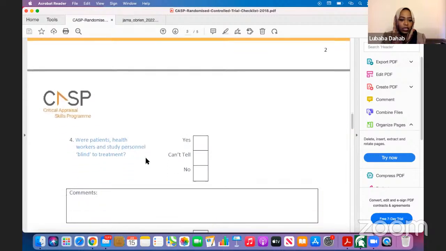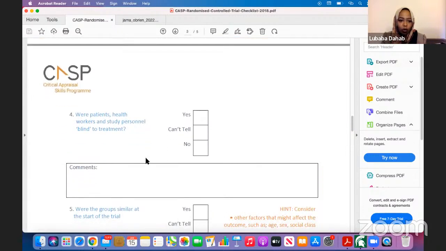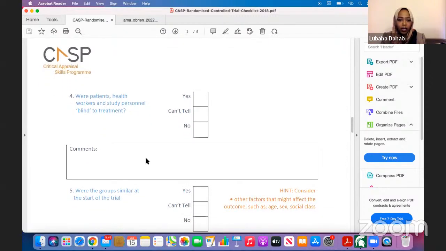The fourth question is: were patients, health workers, and study personnel blind to treatment? Again, they mentioned it is randomized and double-blinded in terms of the intervention, whether they receive placebo or not, and the healthcare personnel were blinded as well.